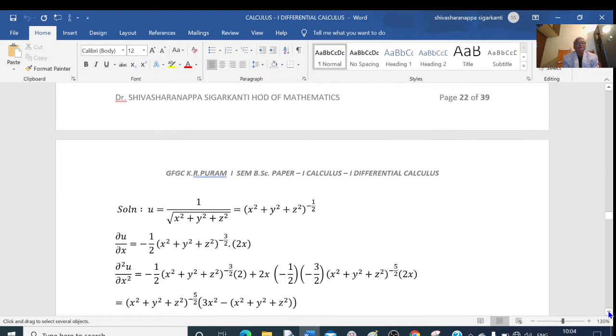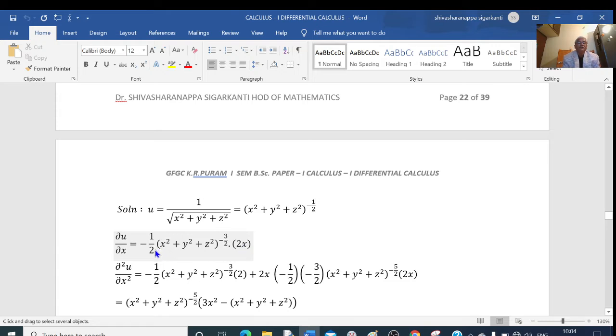Similarly, we can write, okay, I will find out the next derivative. So ∂²u/∂x² is equal to, again we are differentiating with respect to x. With respect to x means this consists of x, this also consists of x, so we have to apply the product rule.